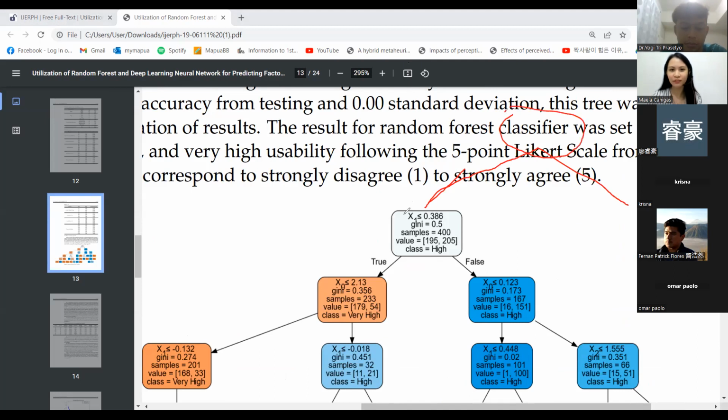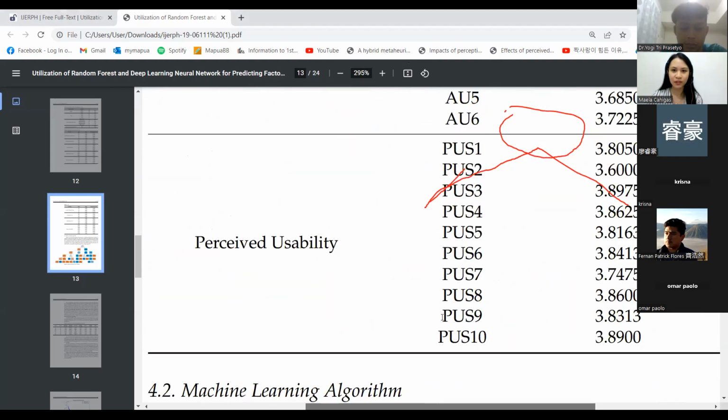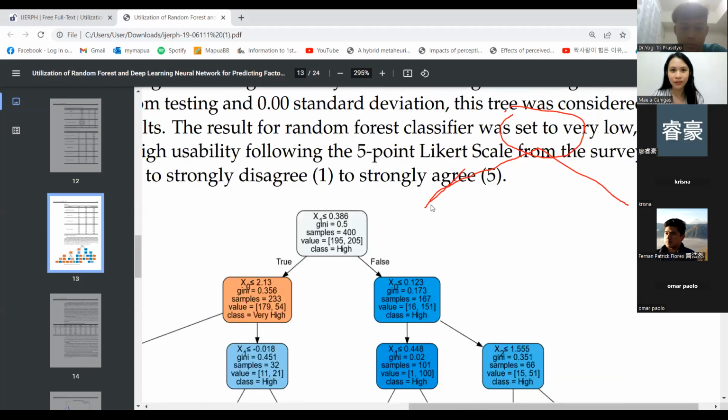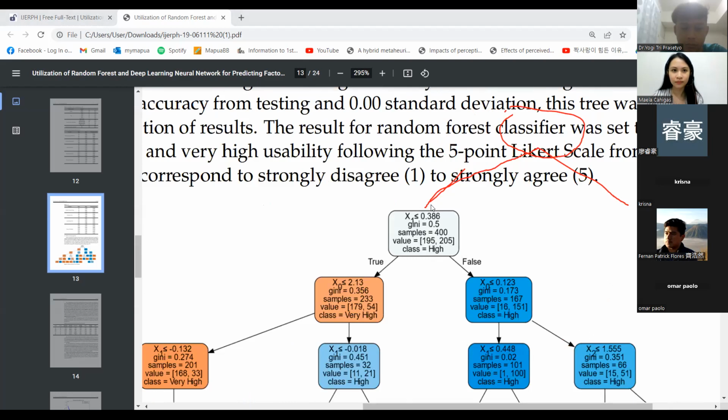If your target variable in this study is, I think, perceived usability, there is a hidden PU here. So this is your PU and then your classes from 1 to 5 in continuous variables. And in another one, you also have another decision tree here.